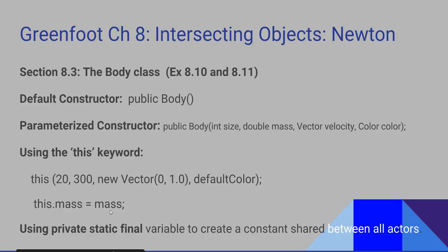This.mass assigns a mass; we cannot delete the this here, otherwise the variables do not get set correctly. And then lastly, when we're using private static final, you are creating a constant that's shared between all objects. So any object of the Body class will have that variable accessible. And final makes it a constant so it can't be changed throughout the entire program.